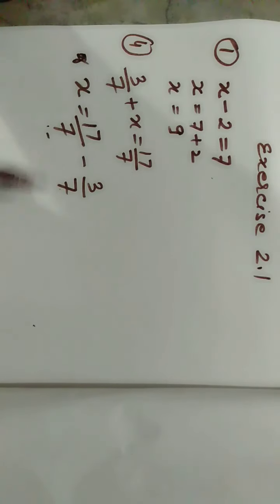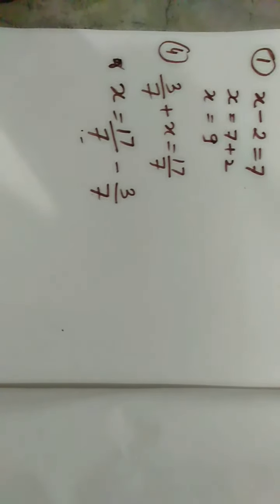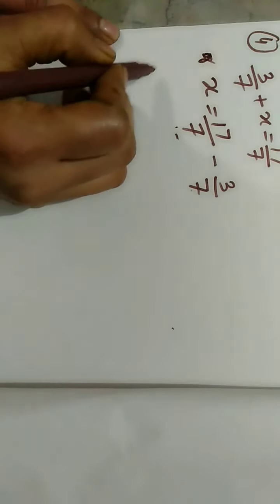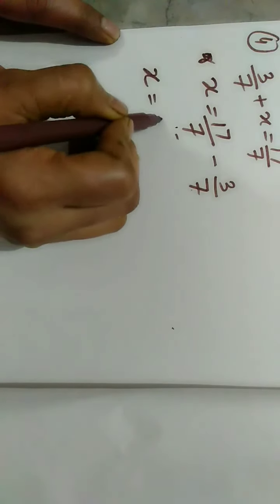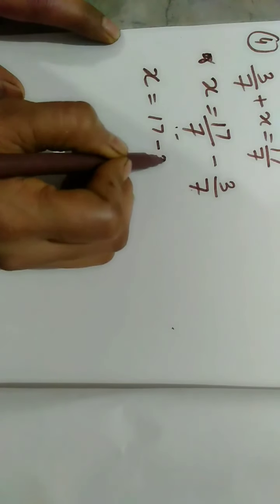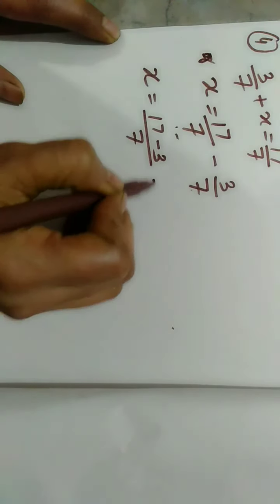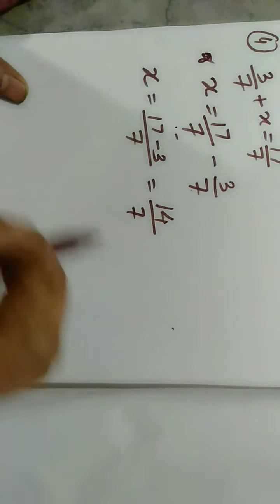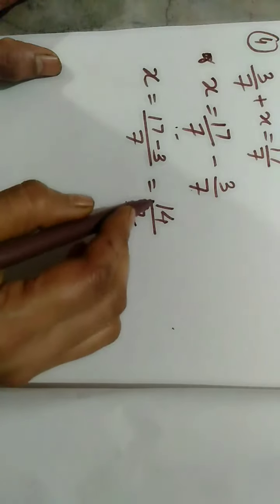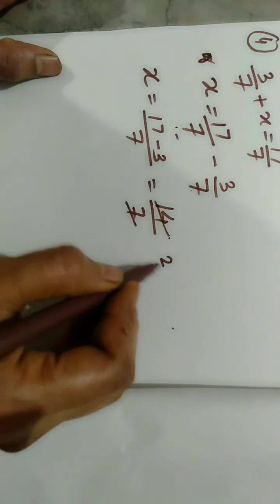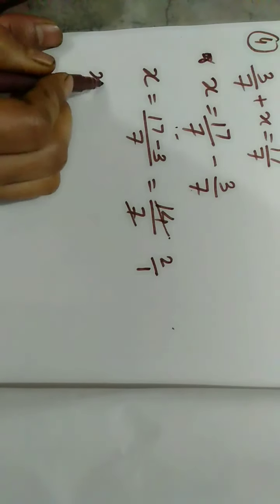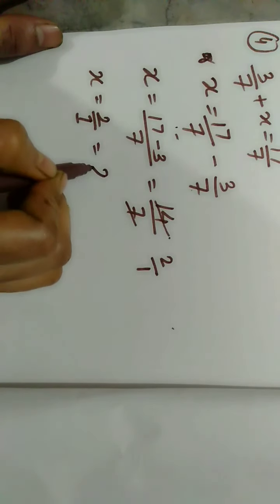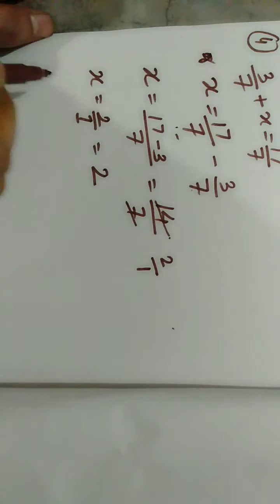Now since the denominator 7 is the same on both sides, you just have to subtract the numerators. So x is equal to 17 minus 3 upon 7, or 14 upon 7. Now we can cancel, so x is equal to 2 upon 1, or simply 2.